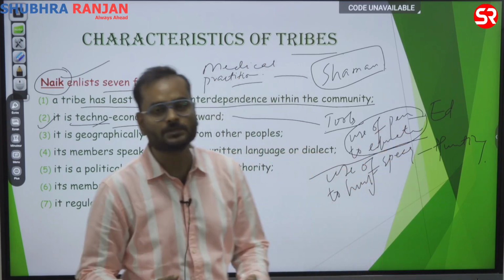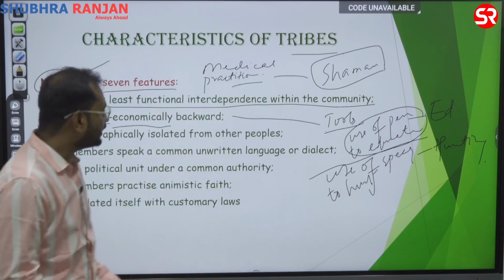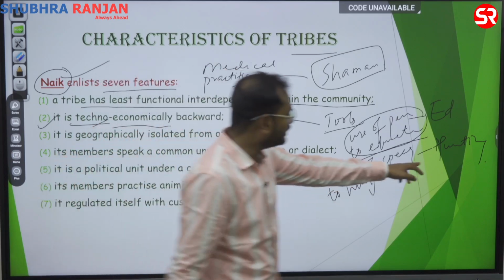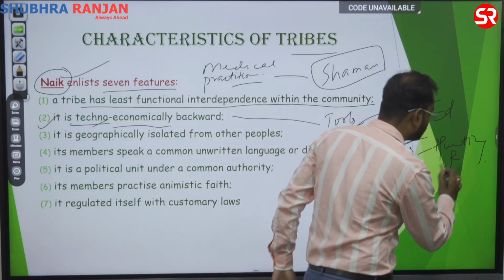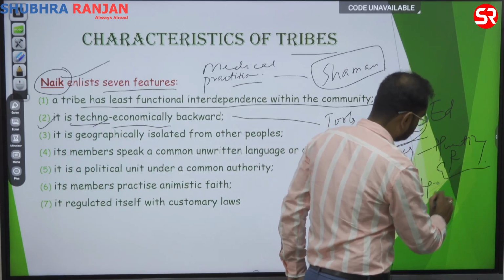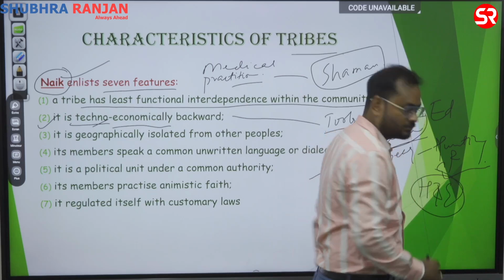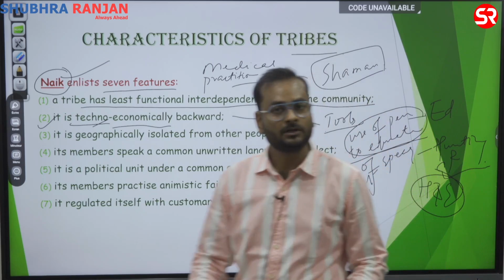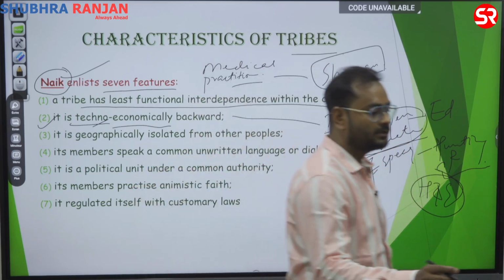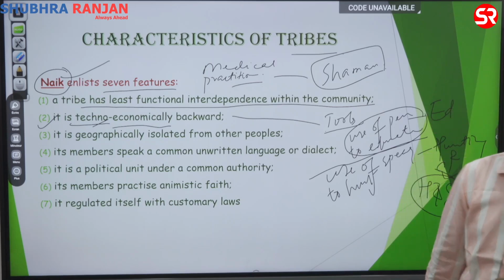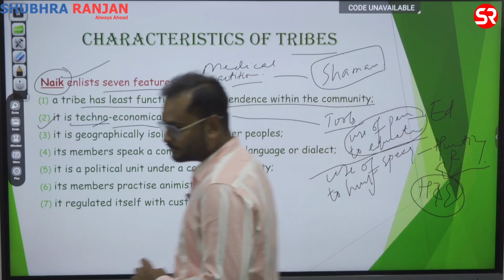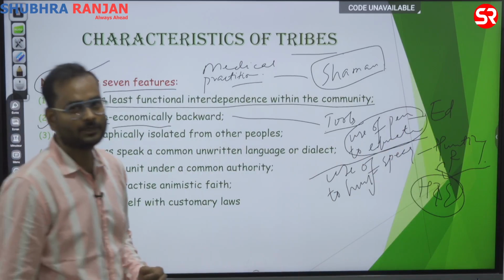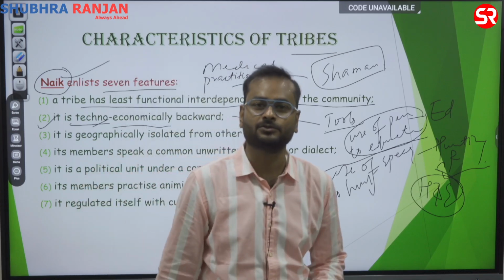We are talking with respect to what we are today. Then the use of spear to hunt is also very backward, because it is evident in hunting and gathering societies, isn't it? HNG. Okay. But if somebody wants to hunt in today's life, then what does he or she do? He takes up a gun to shoot. Okay. And sometimes he also shoots in the air also, isn't it?